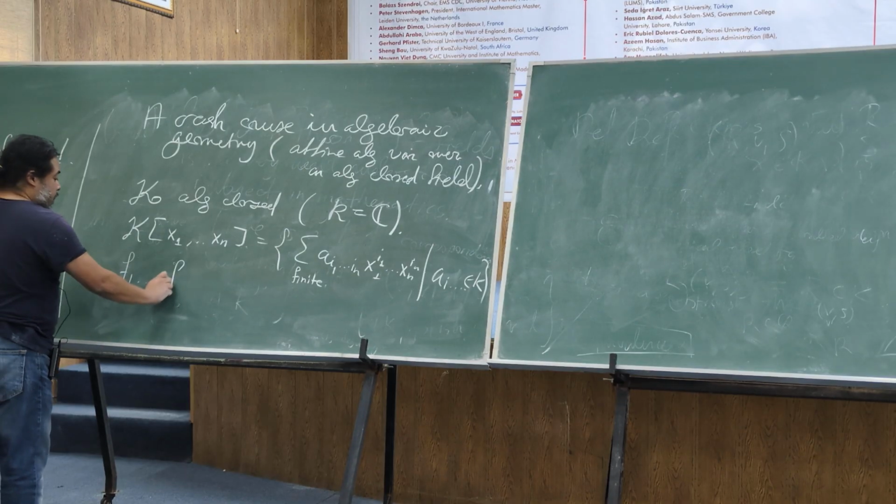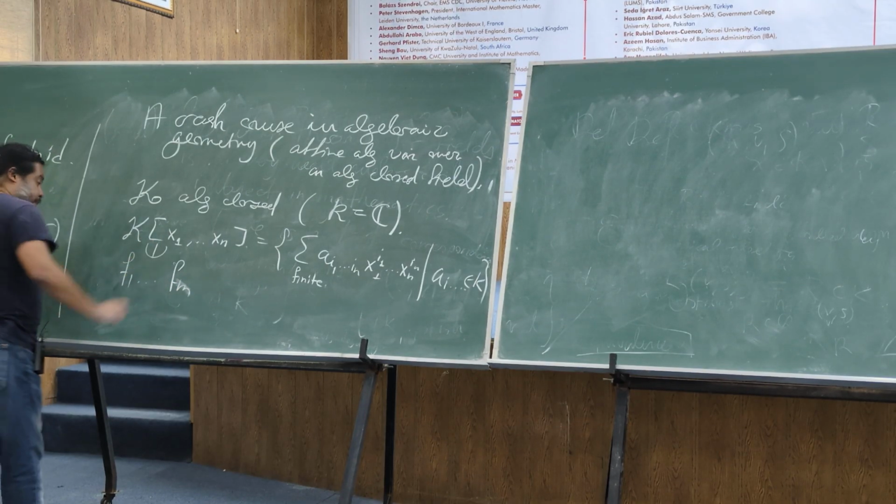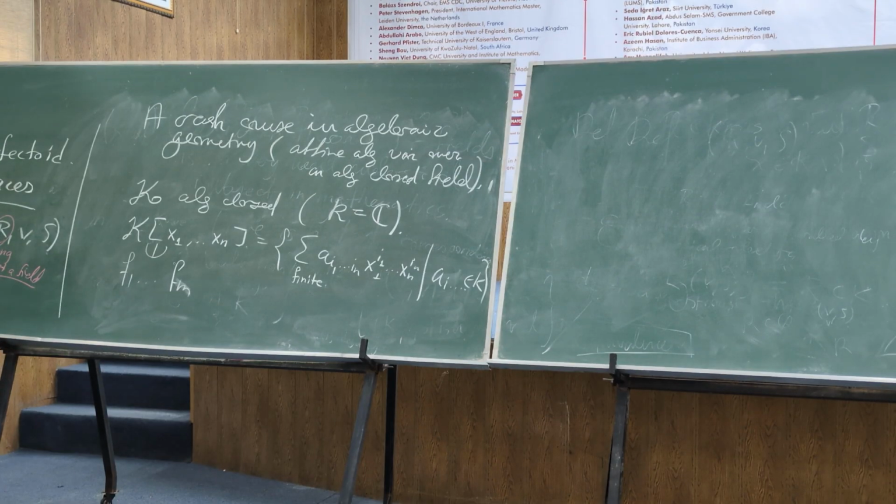F1 up to Fm, elements here, non-constant of course. The zero set of this family of polynomials are all the common roots of these polynomials inside K to the n.